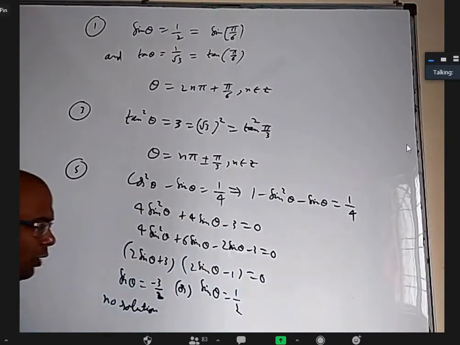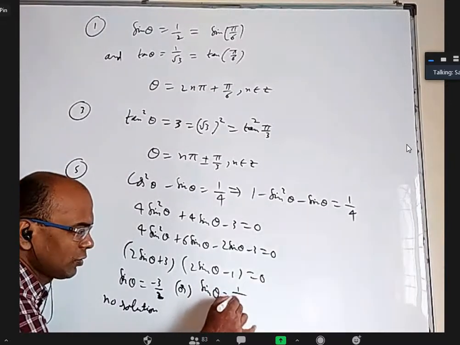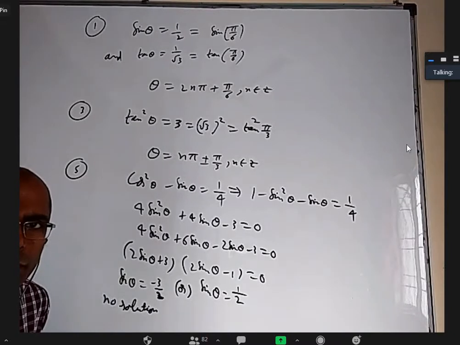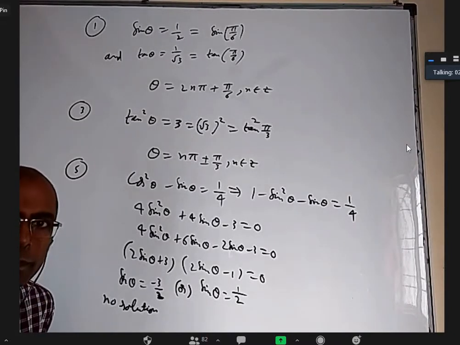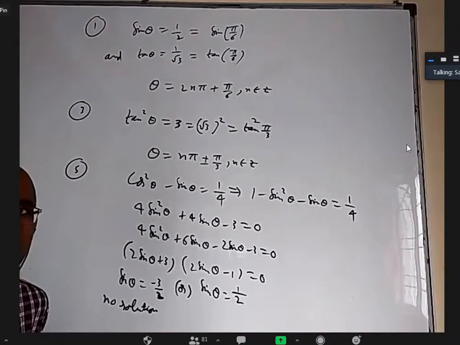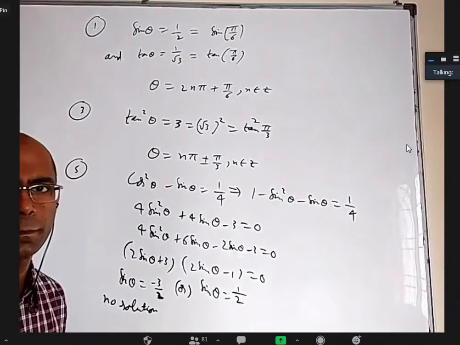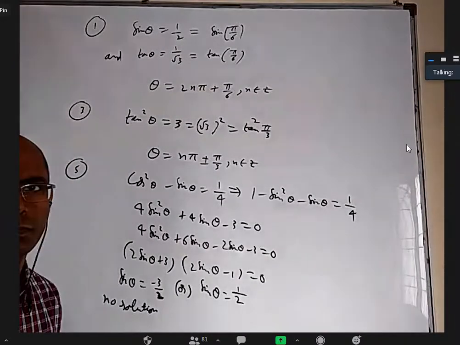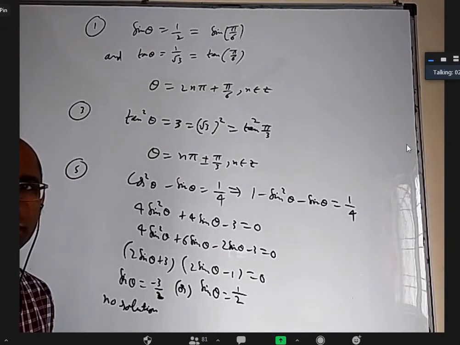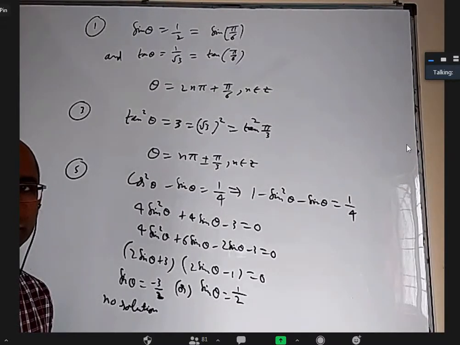Yes. Anushka Samaddar, what is the formula for general solution for sine theta equal to sine alpha? Are you there? Yes, sir. N pi plus or minus. I'm not asking sine square theta equal to sine square alpha. Only sine theta equal to sine alpha. N pi is correct. Plus minus 1 whole to the power n. Sine theta equal to sine alpha.